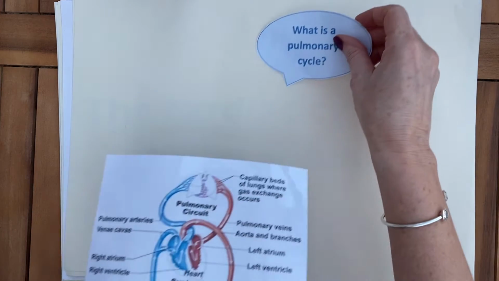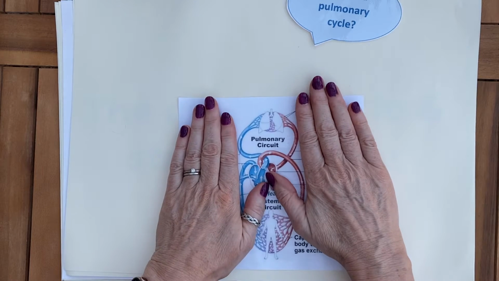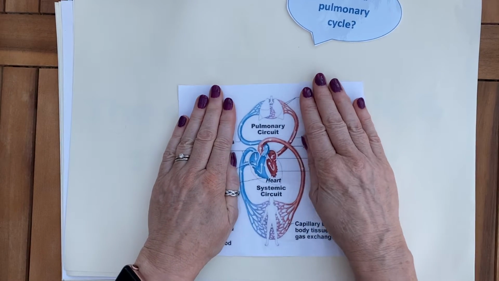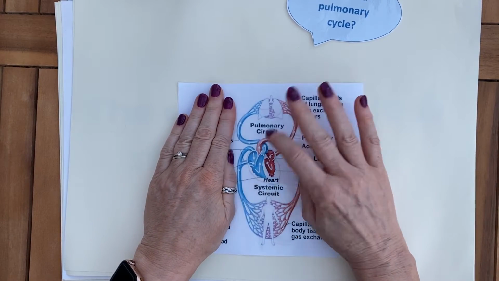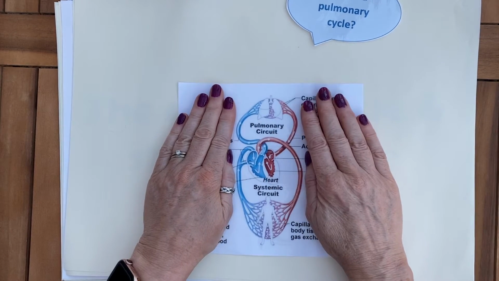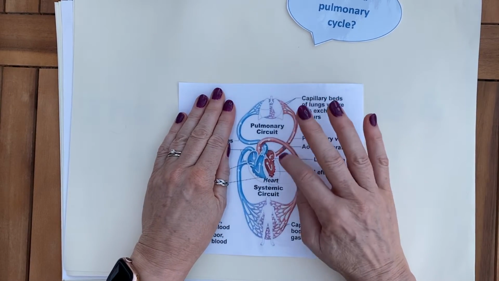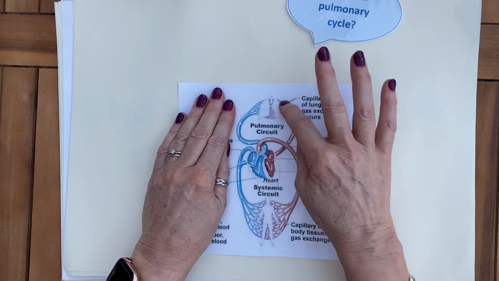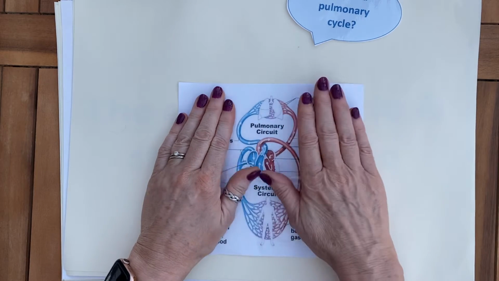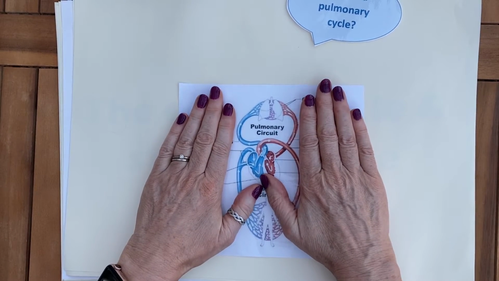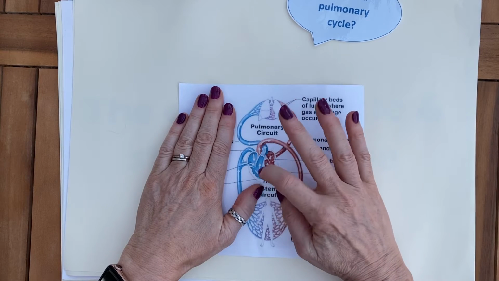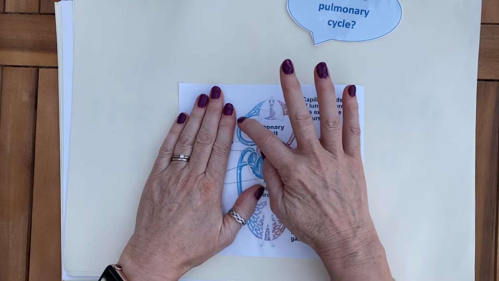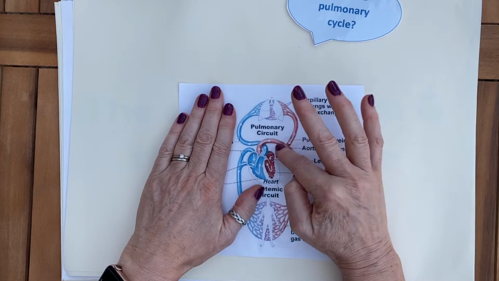If we have a look at it here, I'll cover up bits to not confuse you. The heart doesn't just pump blood around the body. What it's actually doing is a figure of 8, going up to the top and around to the bottom. We're looking at the first one, the pulmonary circuit. The heart will pump blood up to the lungs and then bring it back to the heart.